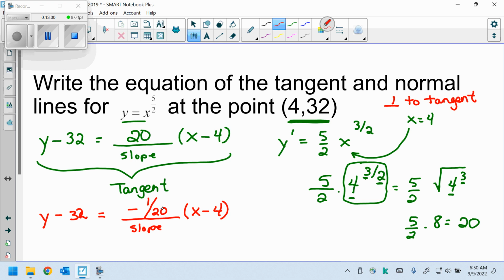For a normal line, all you have to do is find the equation of the tangent and then write the equation of a line perpendicular to it. So point-slope form is a real nice, convenient, easy way of writing the equation of a line.